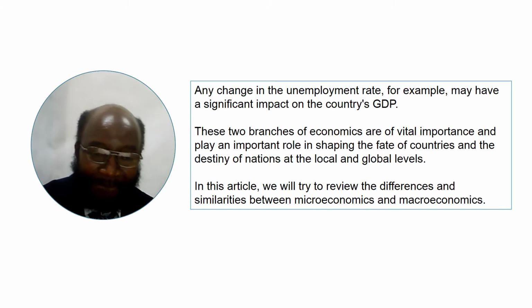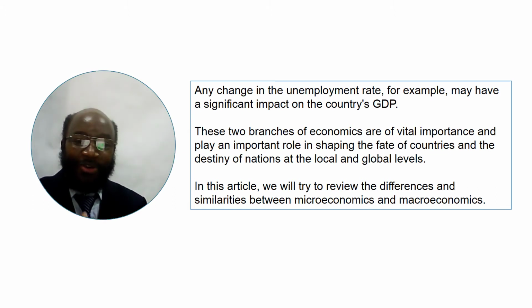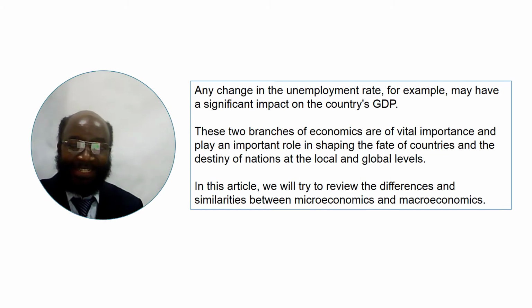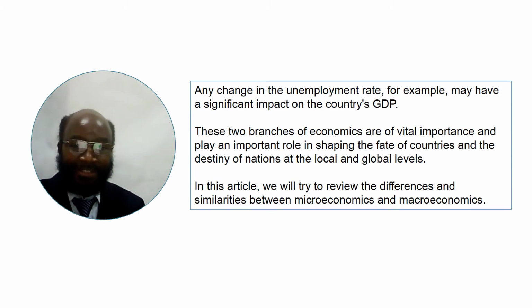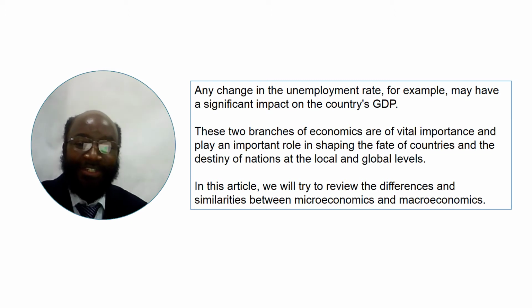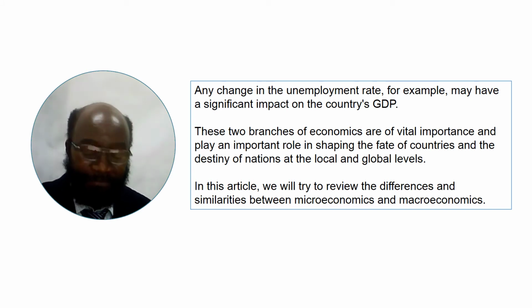For example, when we are going to see the question of production of goods or services in the country, we must use the concept of national product or national production.